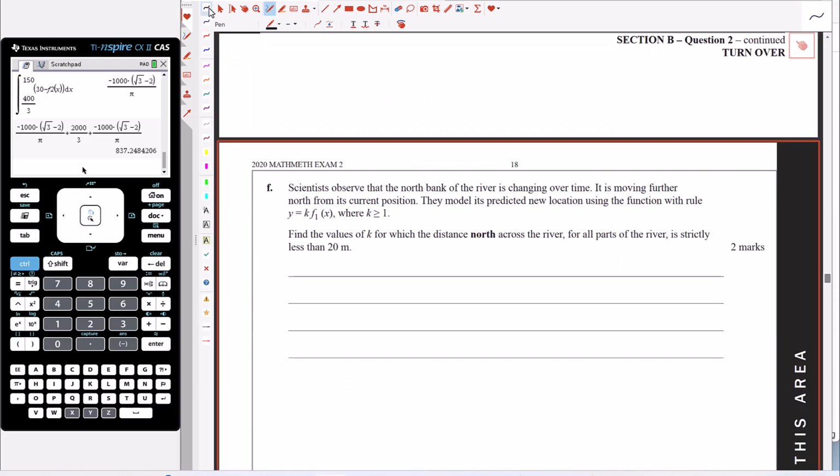Okay, so the new distance is going to be k times f1 of x minus f2 of x. And we're going to need that distance to be less than 20 meters. Okay, and we're interested in that. And we want that to be true over our domain, which is 0 to 200.